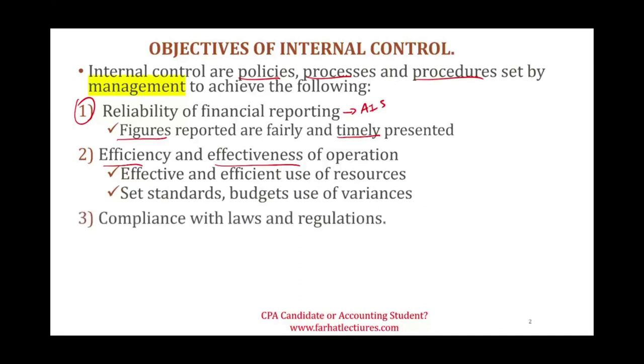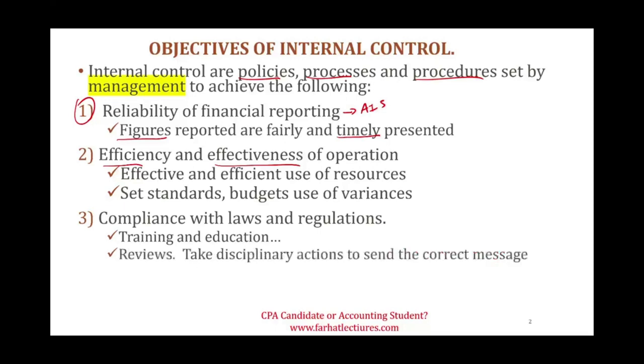Number 3, compliance with laws and regulations. We want to make sure our employees who are inside this fort are following the rules and regulations. How? We give them training, education, yearly reviews, reminding them about the policies and procedures, giving them the handbook when they start working for the company, and we take disciplinary action to send the correct message.